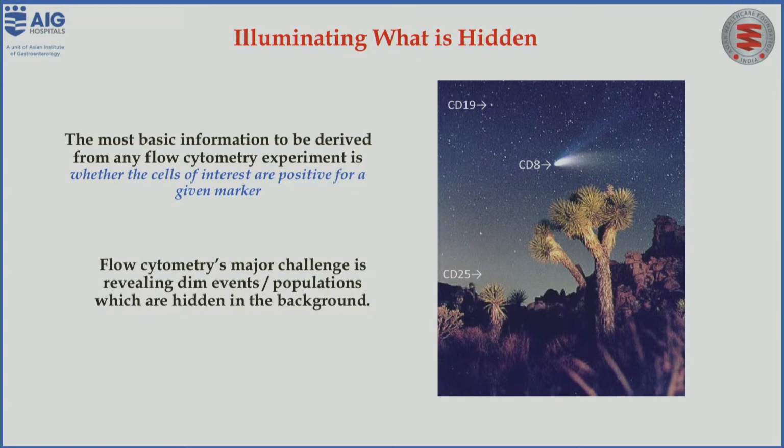As the technology has developed, we can now easily identify rare populations and also common populations within flow cytometry. Abundant populations, for example CD4 or CD8, which are high in number in the sample, are easily visualized. Even less abundant ones like B cells we can identify.